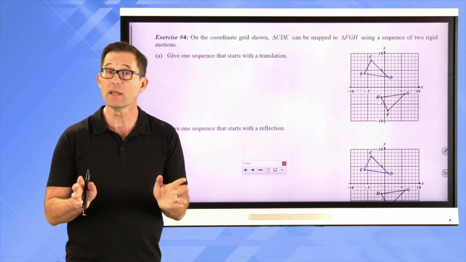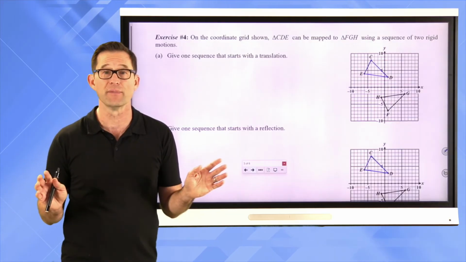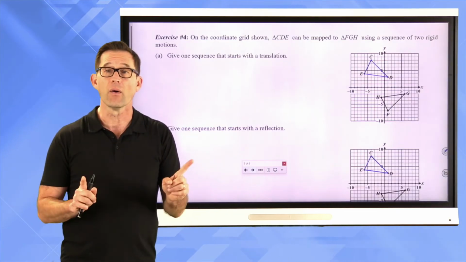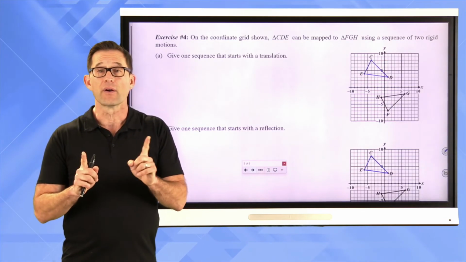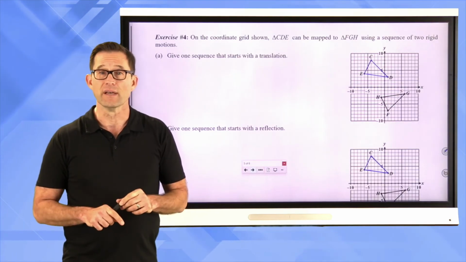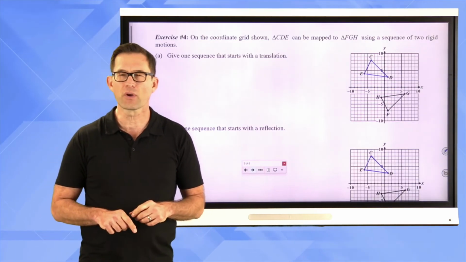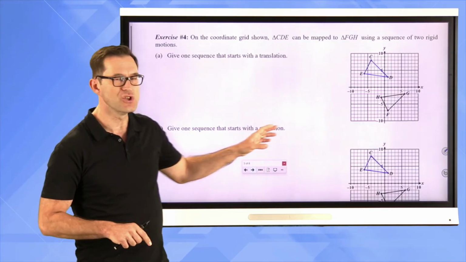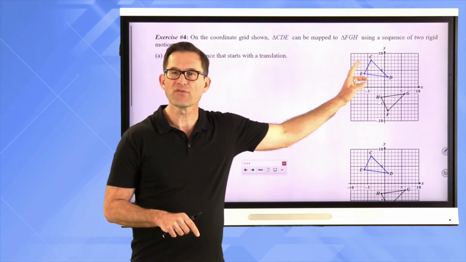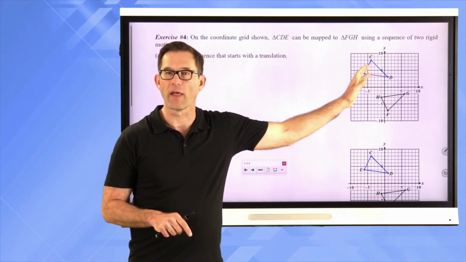Okay, and I'm going to need two. One is not going to get the job done here. Now I'm saying in letter A, I'd like to start with a translation. If you're really heads up about this, you can tell that I'm going to have to both translate and reflect.